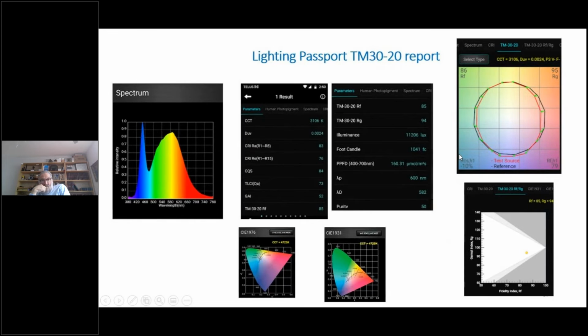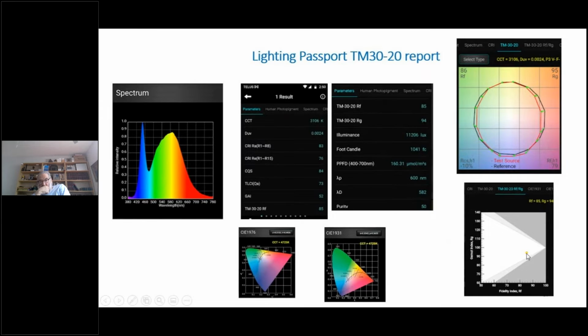So what about the lighting passport? We have already upgraded it to the TM30-20 report. So you can see all of these parameters, RF, RG are there. The color vector graphics are there with the arrows. So we provide this test source, reference source. We also have the RG versus RF curve that I showed.